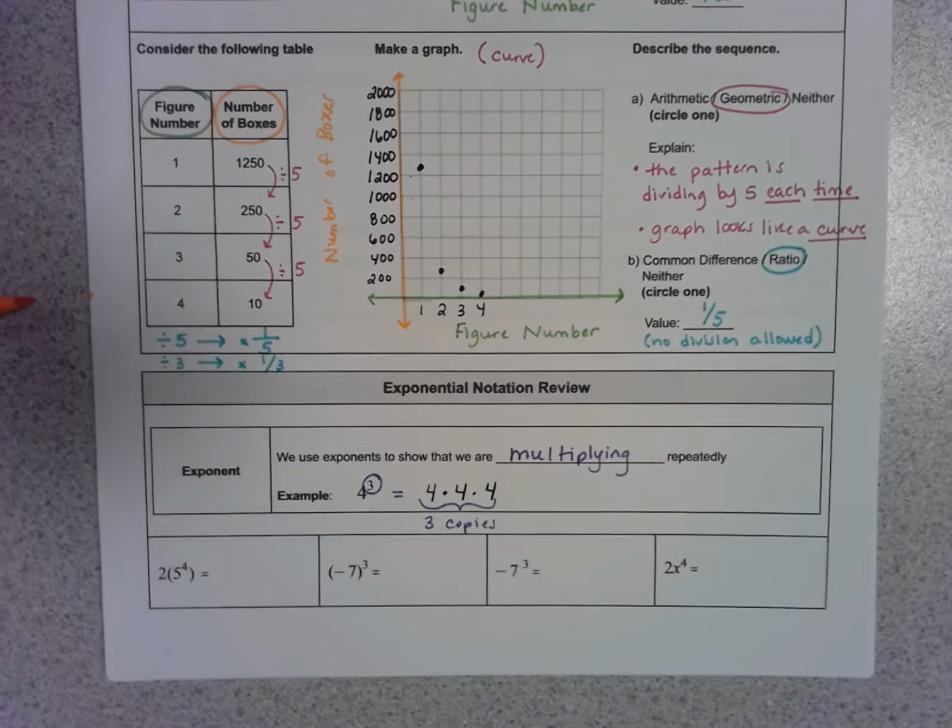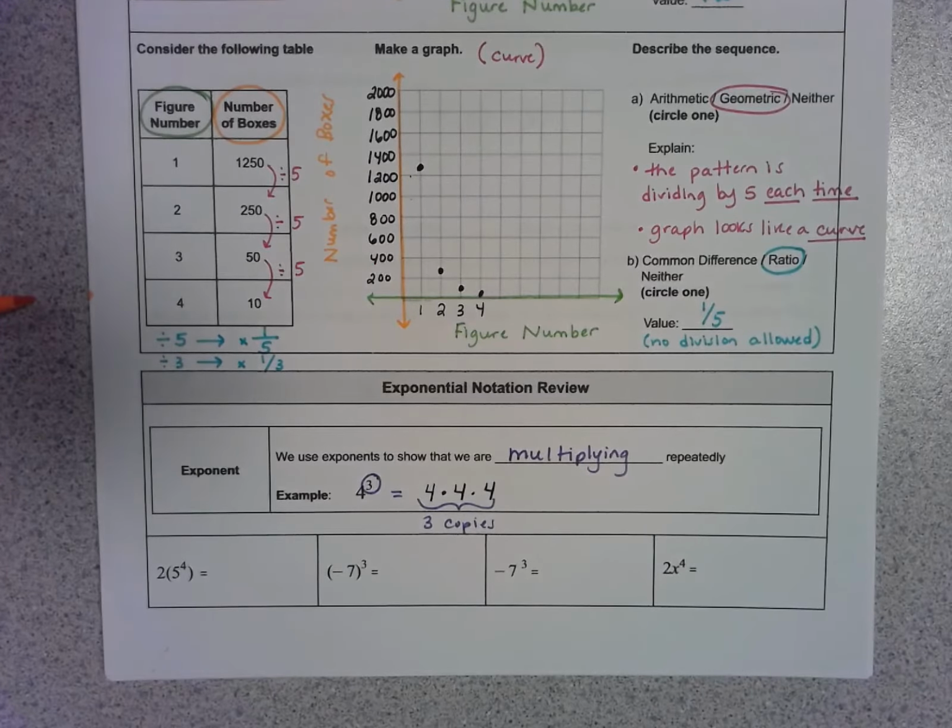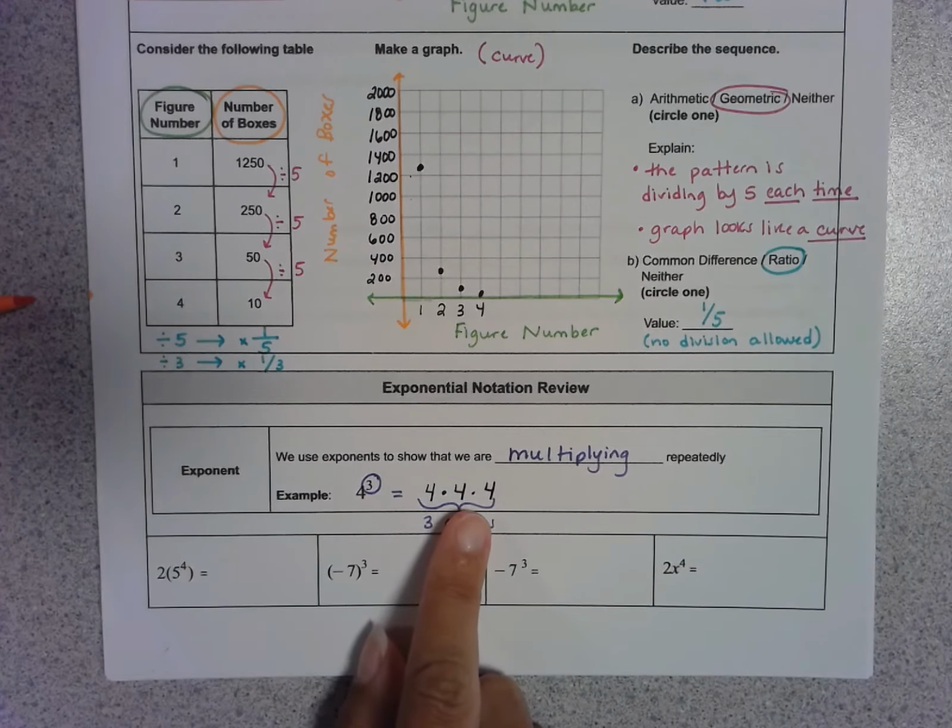Now, using this idea, one of the things that we're going to ask you to do is to write out what's called expanded form of exponential notation. So kind of write it out the long way like we did here. For example, I might show you something like this and say, write it out the long way. The first thing that we should know is that the exponent only goes with the 5 because that is inside of the parentheses with the 5 and the 2 is on the outside.